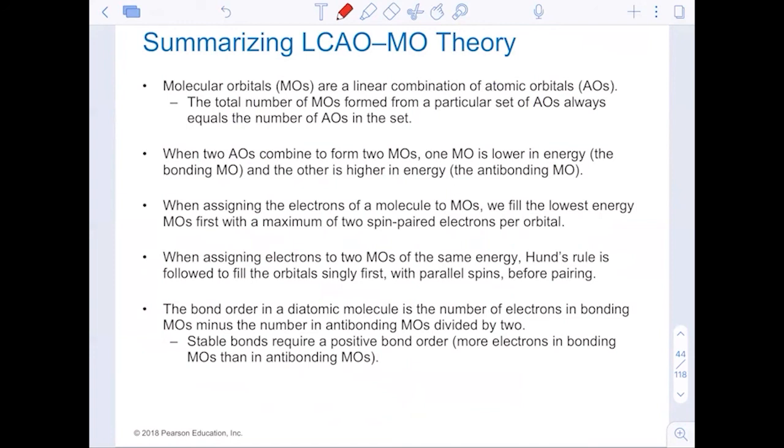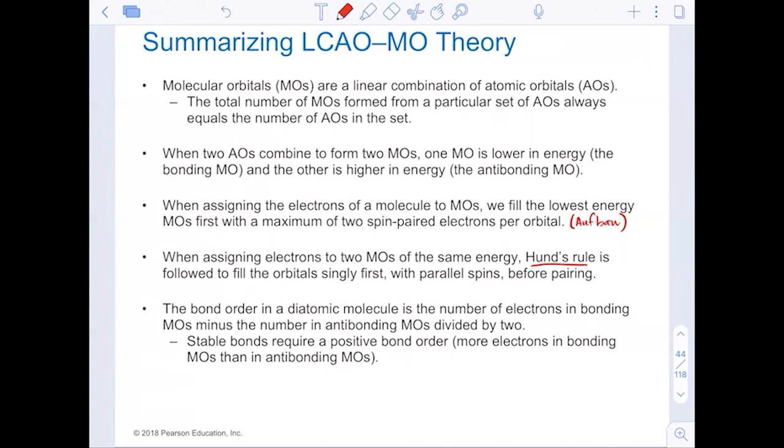When assigning the electrons of a molecule to the MOs, we fill the lowest first, Aufbau principle. We make sure we follow Hund's rule with degenerate orbitals. We'll see those in a second. And then we also make sure we follow the Pauli exclusion principle with only 2 electrons in each MO.